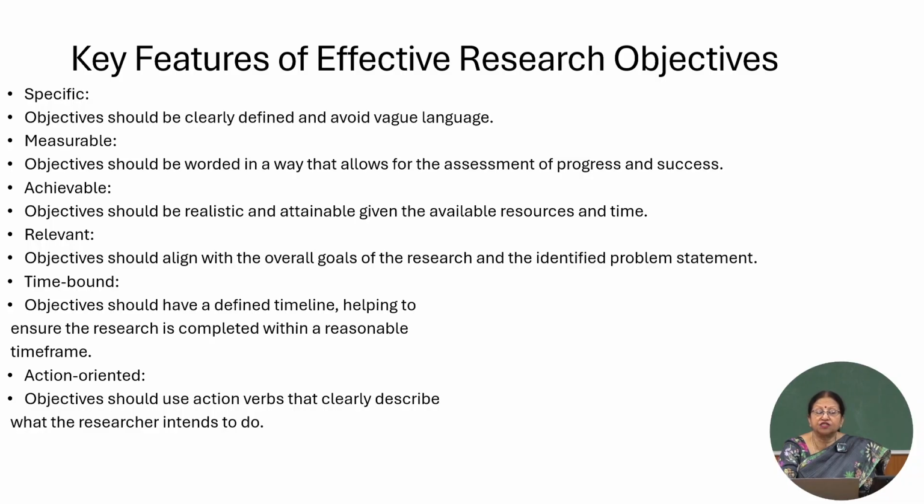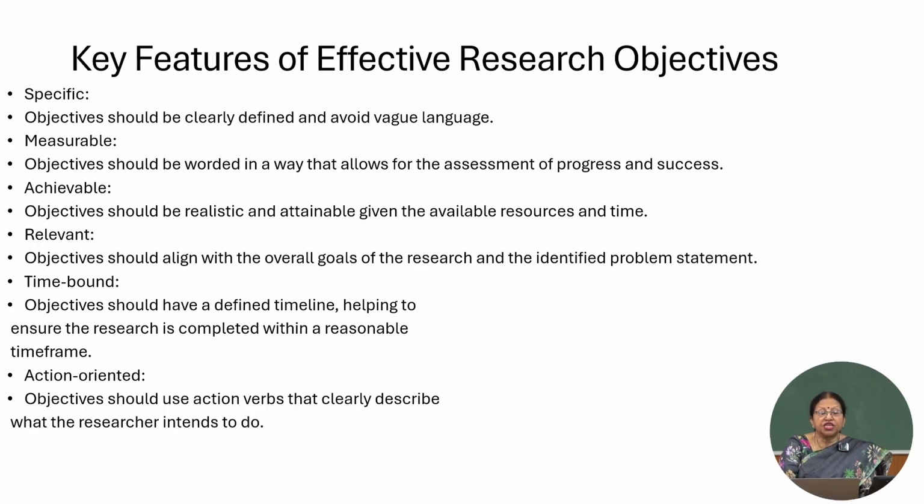Achievable, objectives should be realistic and attainable, given the available resources and time. Relevant, objectives should align with the overall goals of the research and the identified problem statement. Time-bound, objectives should have a defined timeline, helping to ensure the research is completed within a reasonable time frame.